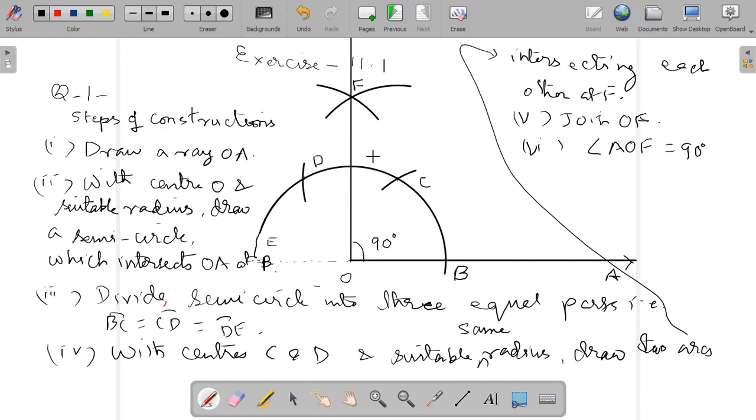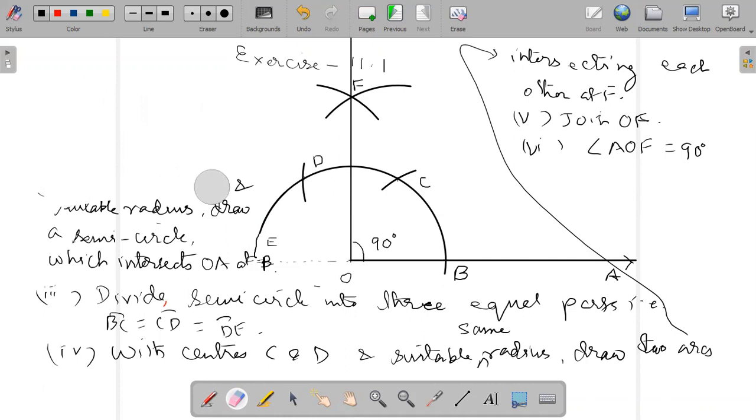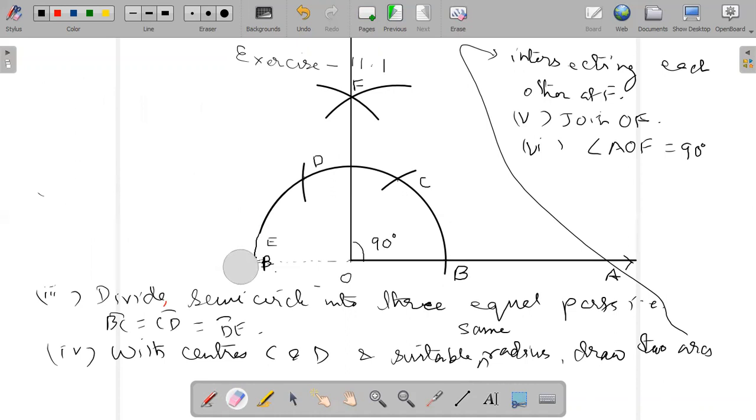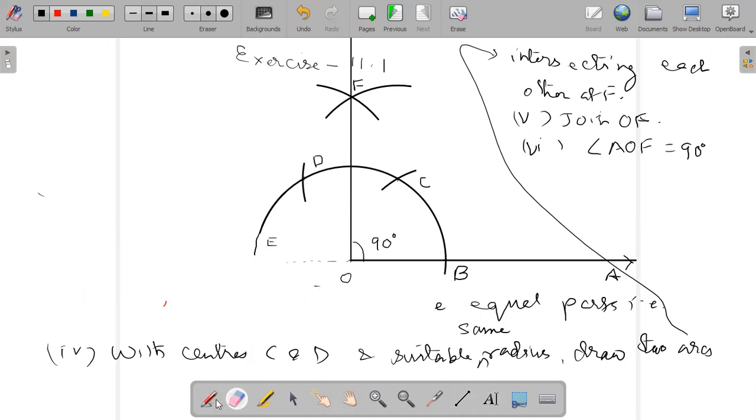And it's a semicircle, so we can do the justification because these are three equal chords, so they will make equal angles at the center. In justification, we have to take the semicircle because these three equal chords, we will take for justification and then we can prove it.